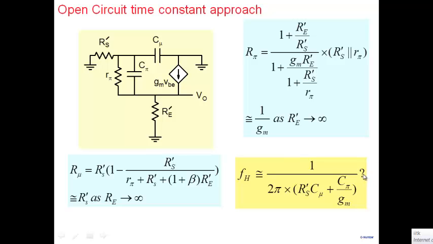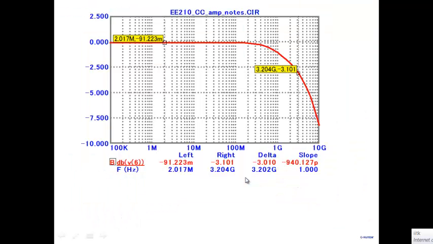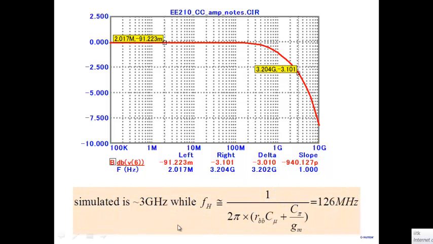However, note that I put a question mark, because in this particular case we get a value for FH which is not accurate. Let me show it to you. I'll come back to this a little later on. When I take my amplifier with the values given for RBB, C mu, C pi, Gm, I expect 126 megahertz.